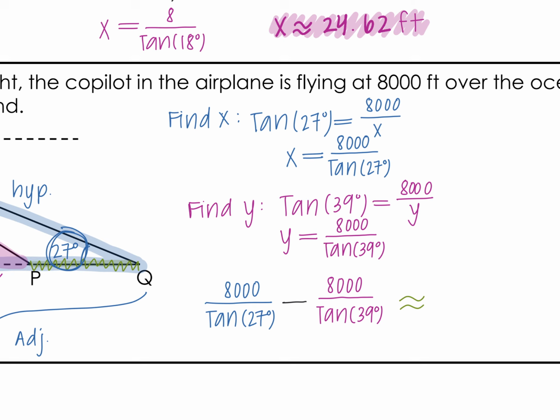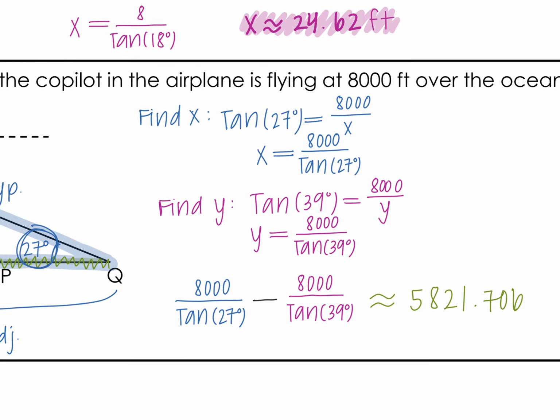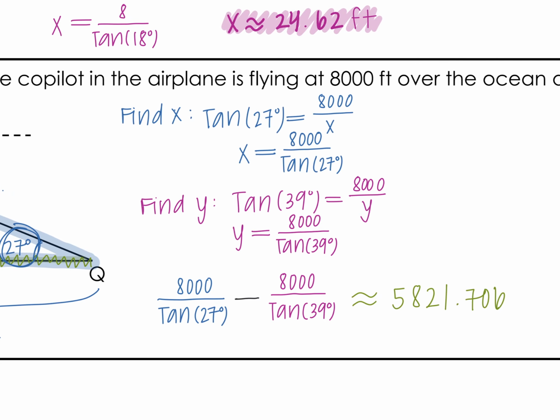All right, so when I plugged it in, I got 5,821.706, where I'll stop. Looking at this, if I want to round to the nearest hundredth, because this one doesn't specify, I'm going to look once again at that third number after the decimal, which is a 6.